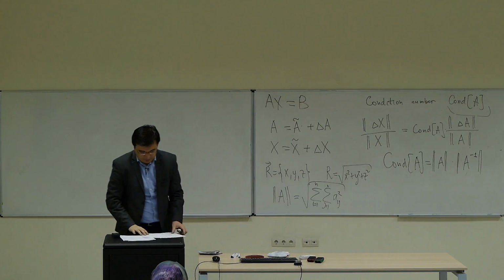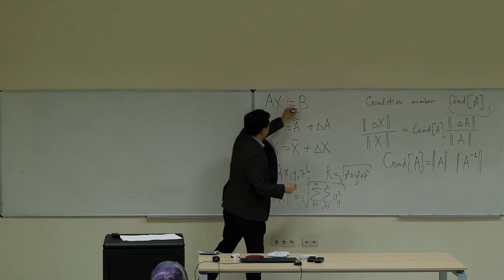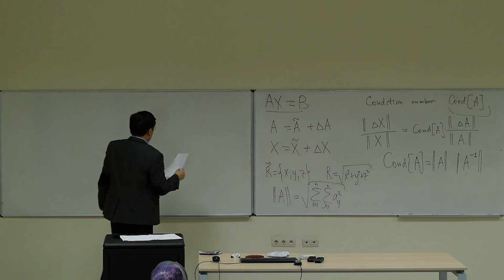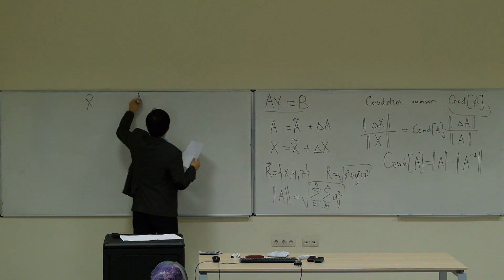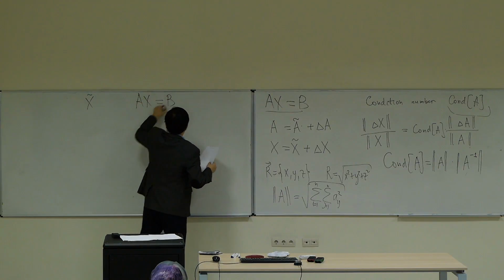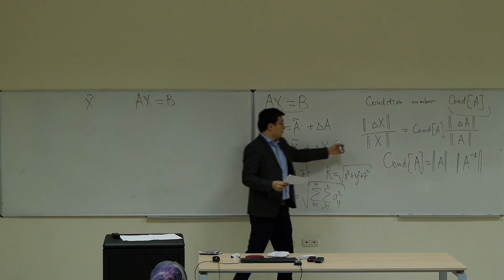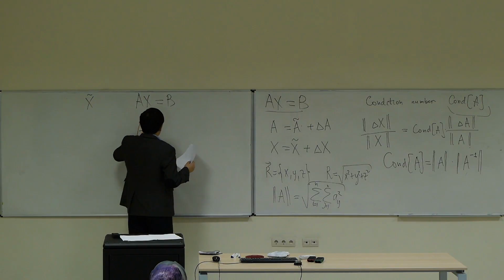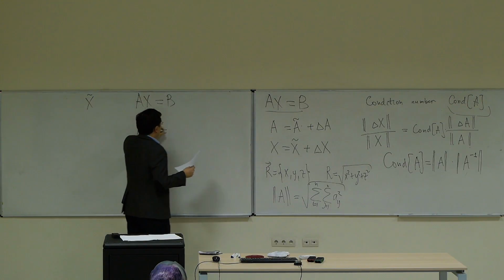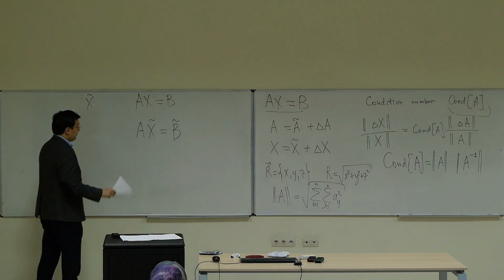What is the algorithm? Very simple. Okay, so I want to solve this system. And suppose this is my approximate solution. Instead of the exact solution, I get some approximate solution because, again, I have some errors. All right, so if I put this solution back into this equation, I do not get exact b, I get something different, some b tilde.